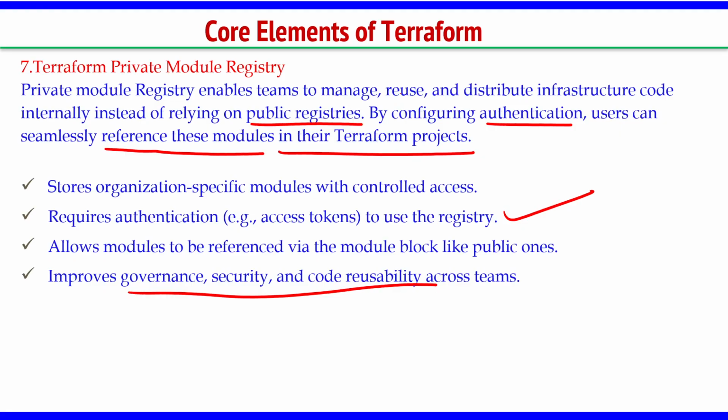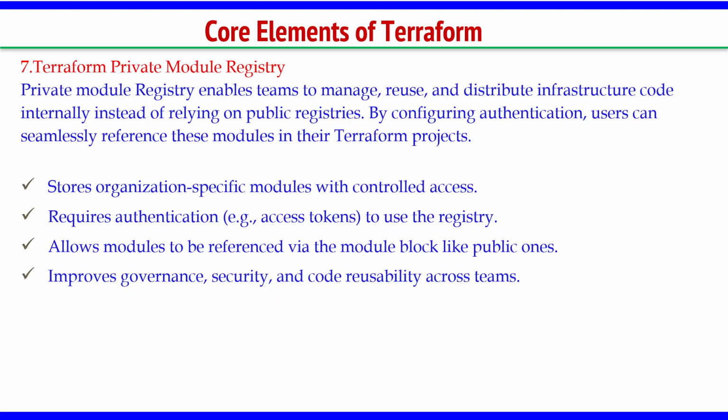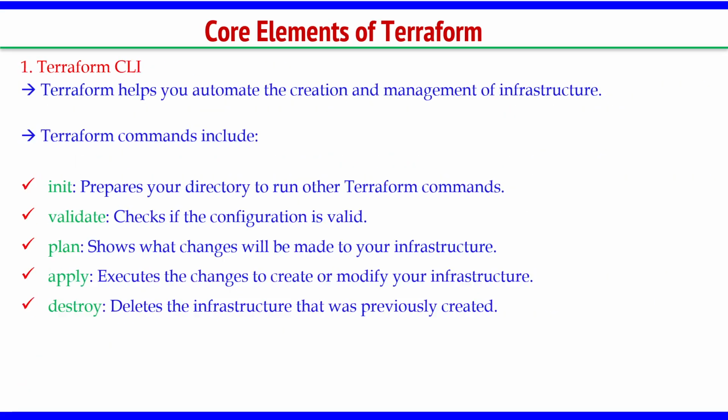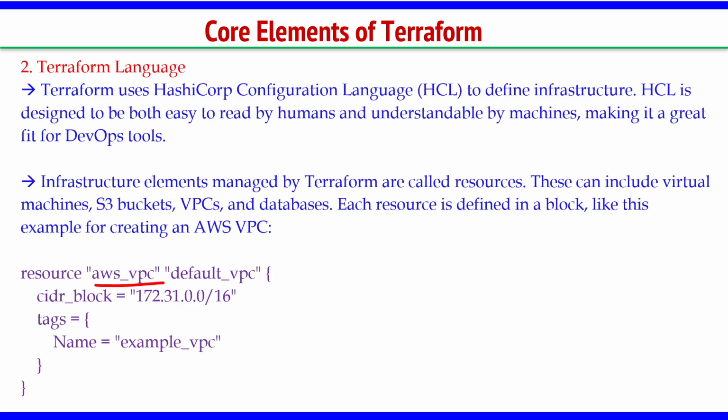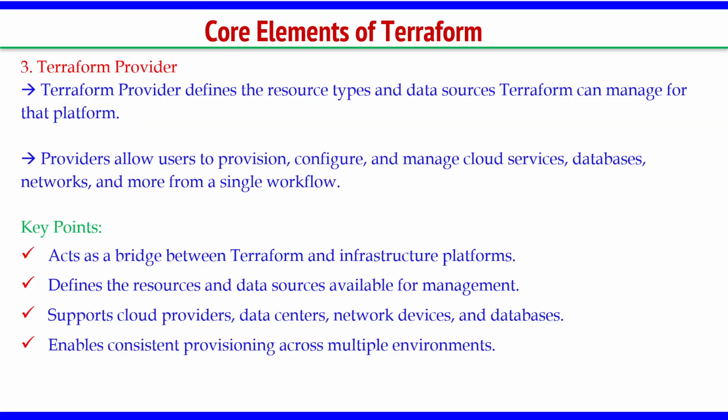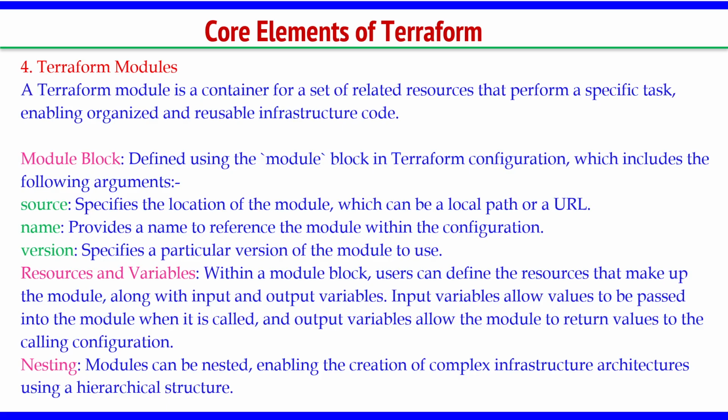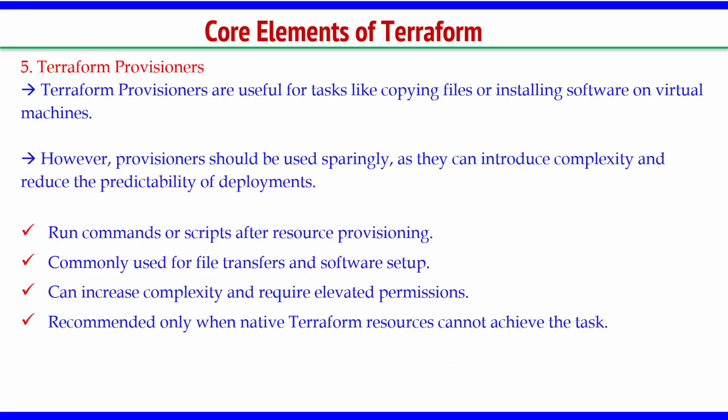So these are the 7 important core components of Terraform. If we just go back and recap: the Terraform CLI, the command line interface, where I can give the commands. Then the language, HCL, HashiCorp Configuration Language, using which we will be writing the script. Then providers, which define the resources. Then modules, like the module block, resources, variables and nesting.